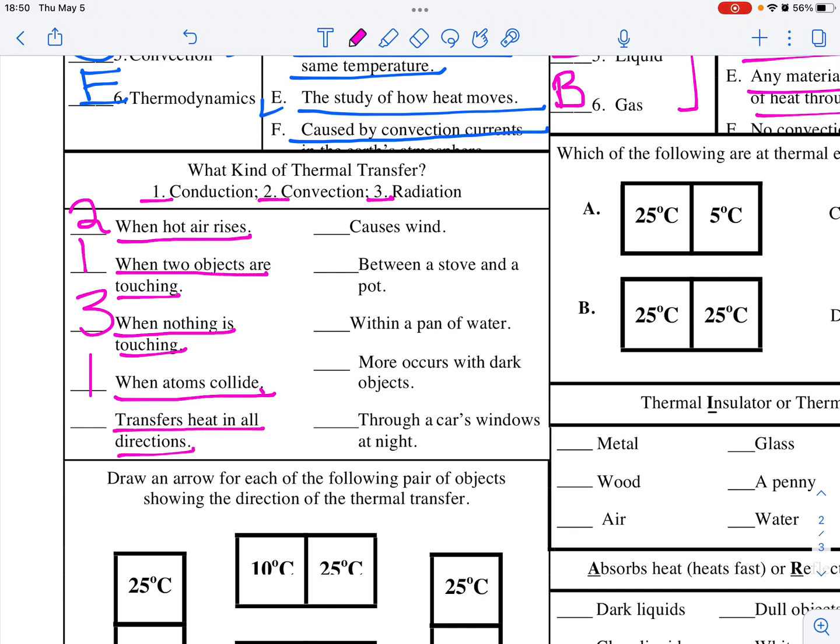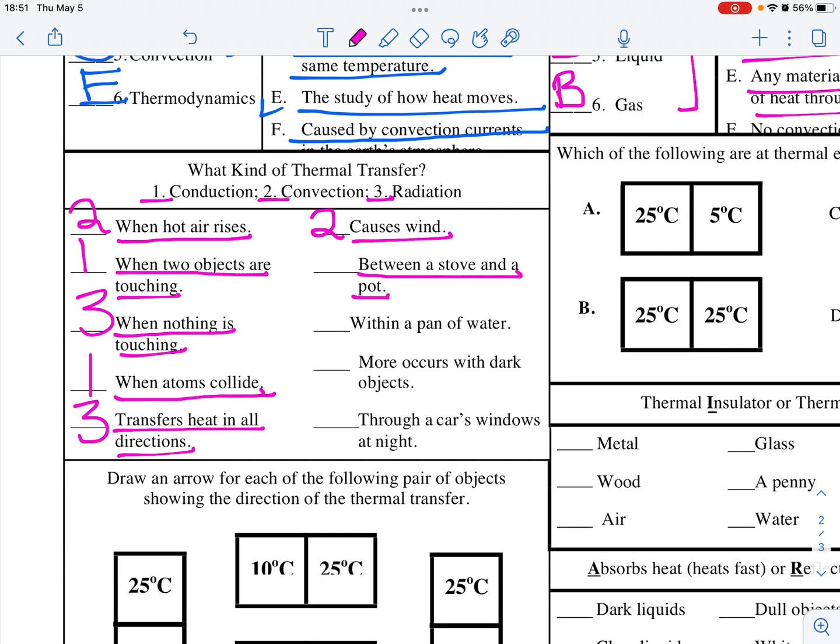Which one of these 3 transfers heat in all directions? Looking back, the only one that transfers heat in all directions is radiation. Next, causes wind. Wind is caused by currents, so that will be convection.